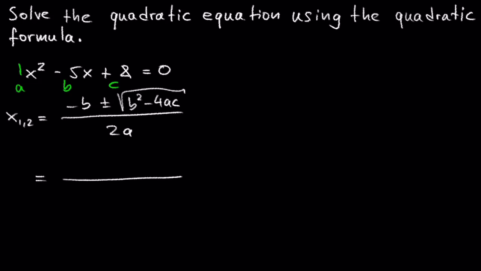Negative b is negative 5, so we get 5 plus minus b squared, which is negative 5 squared, minus 4 times a, which is 1, times c, which is 8. And at the bottom of the fraction we have 2 times a, which is 2 times 1.